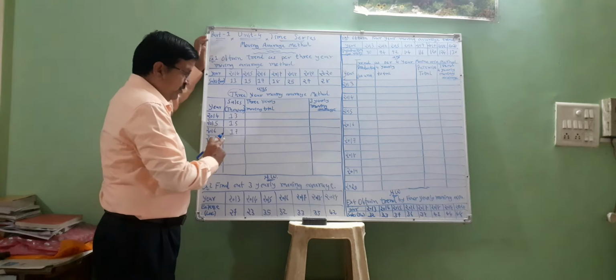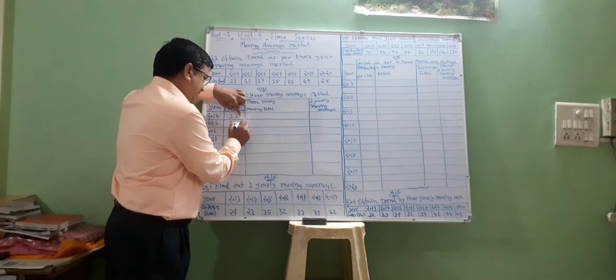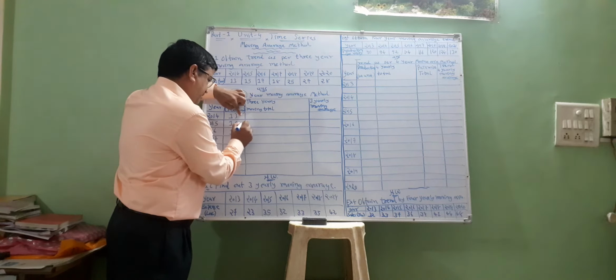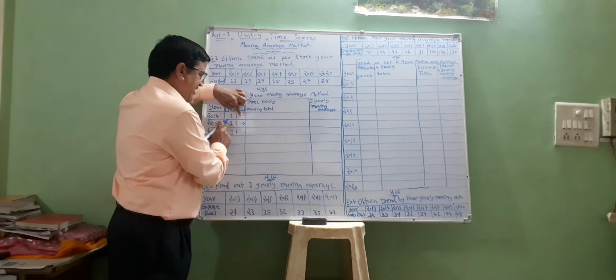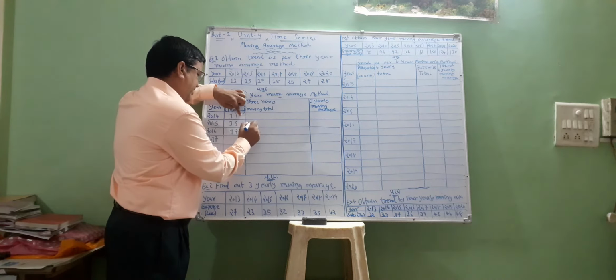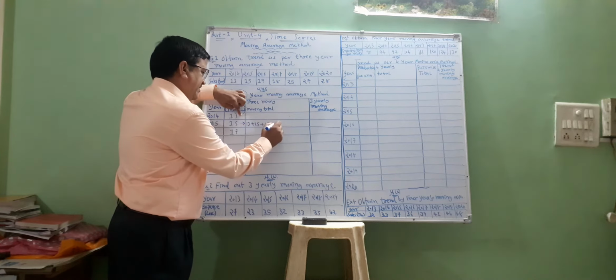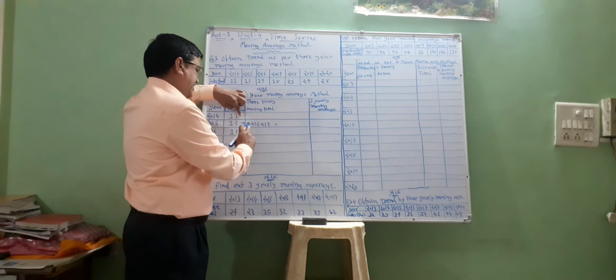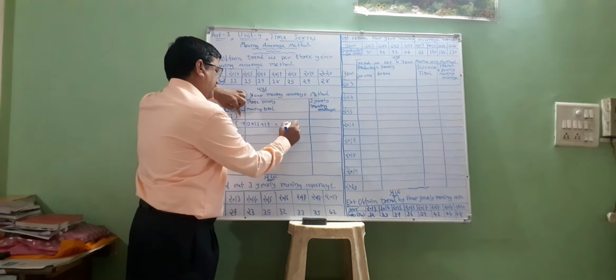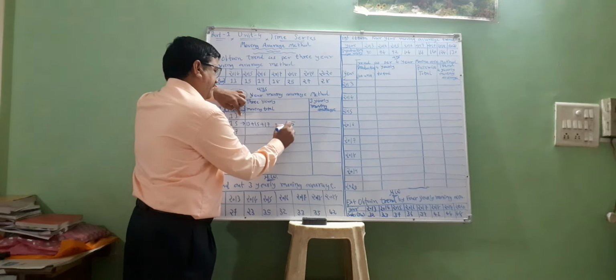Now do the total of these 3 and write exactly between them. So write again 15. Total of 13, 15, and 17. So total is 45.